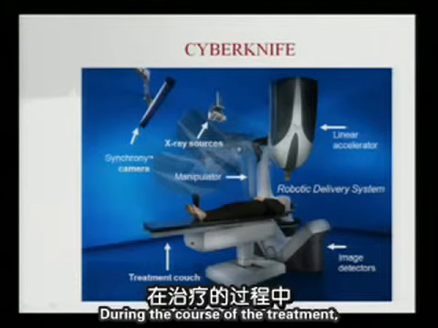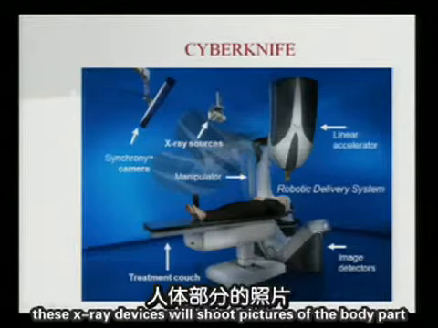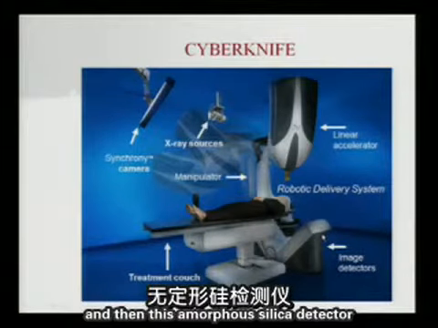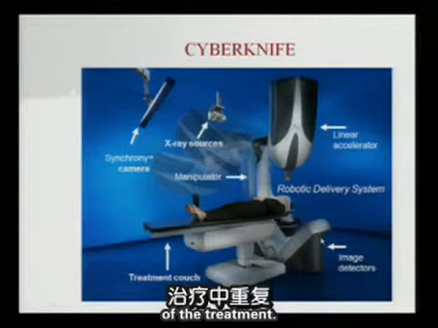During the course of the treatment, these X-ray devices will shoot pictures of the body part, and then this amorphous silica detector will amplify that image, and that process is repeated throughout the course of the treatment.